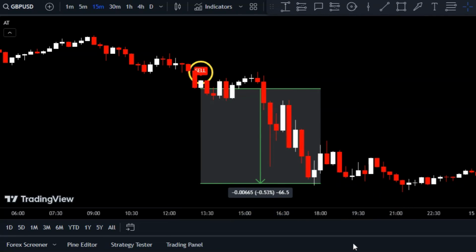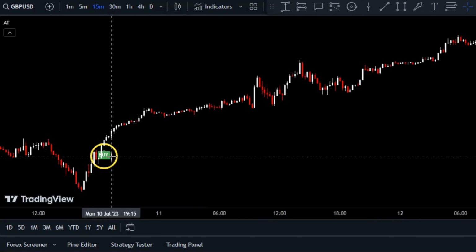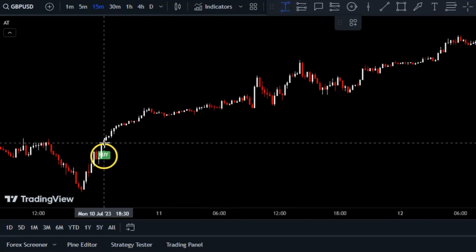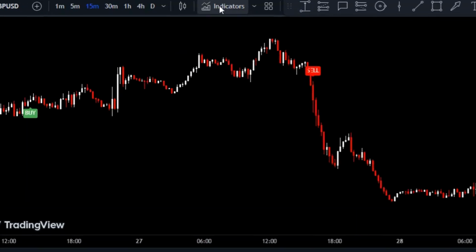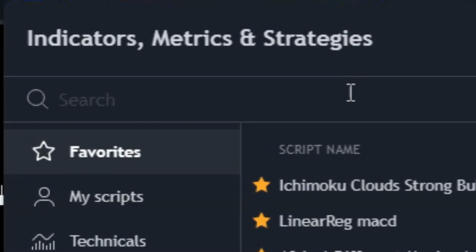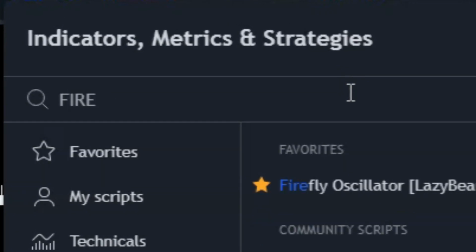But I highly recommend watching the video until the end, where we'll enhance the strategy's success rate by adding 2 more free indicators. Begin, add the Firefly Oscillator indicator to your chart.